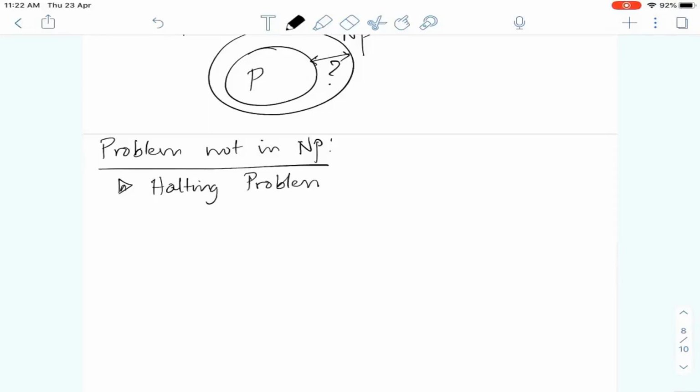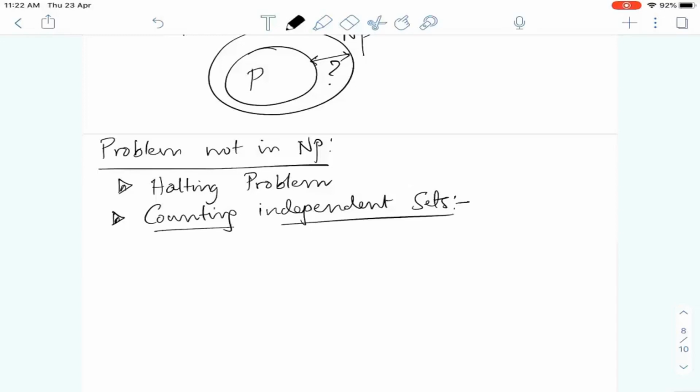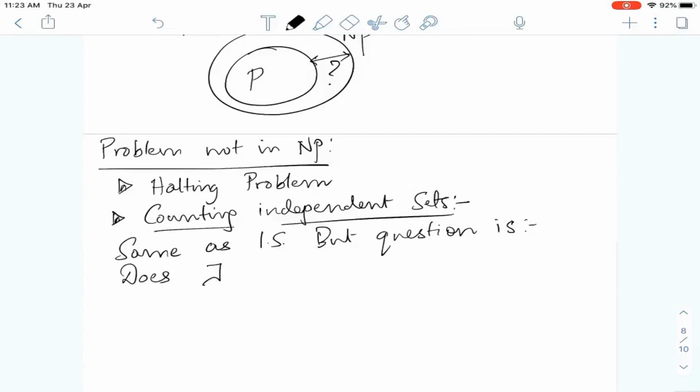Another problem is counting independent sets. The problem is the same as IS, but the question is: does there exist k independent sets in G?